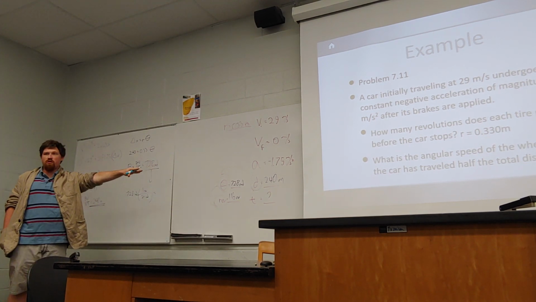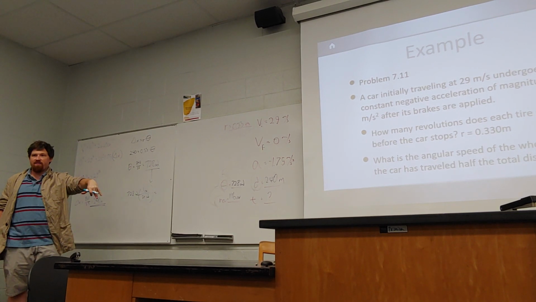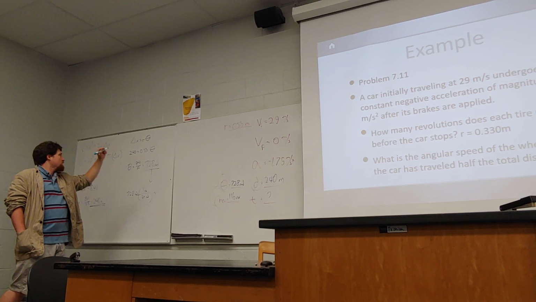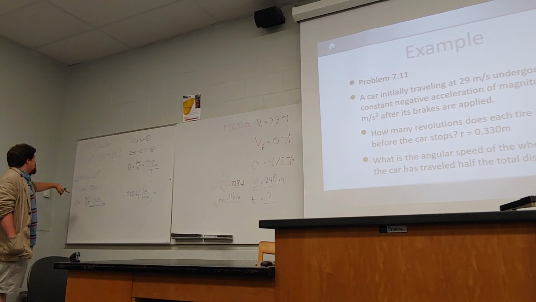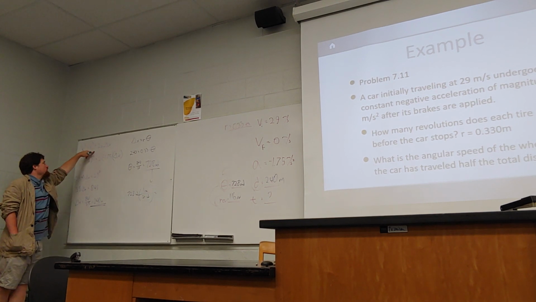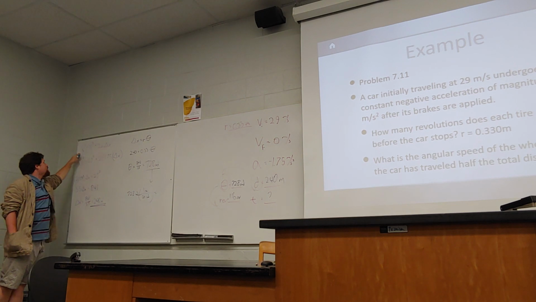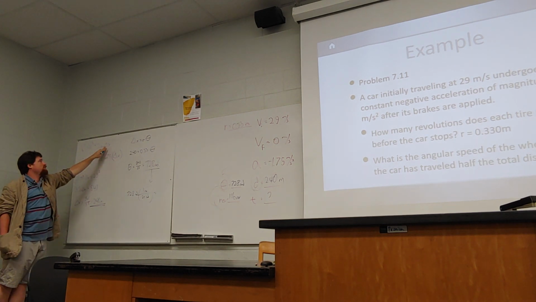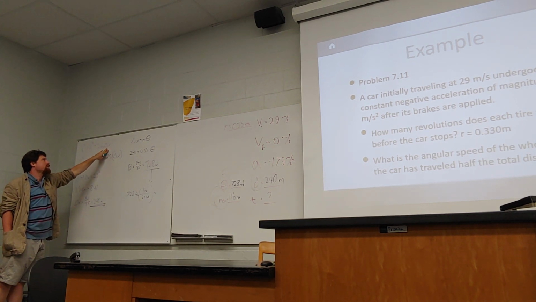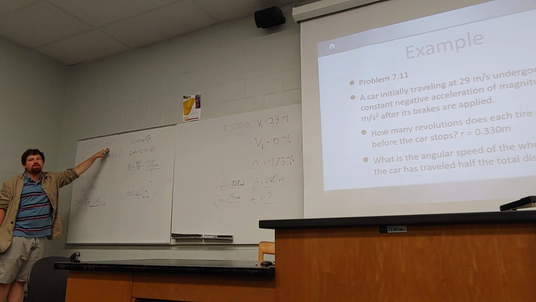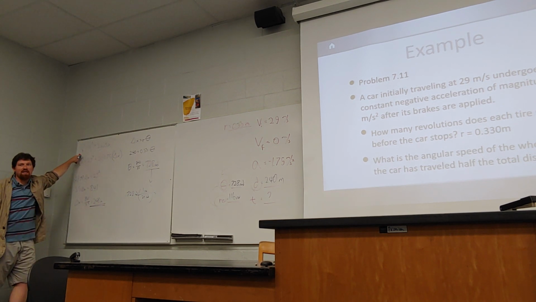We know how far forwards we move, so we know what half of that is. We can look at the exact same formula. Instead of plugging in our final velocity of 0 and solving for the total distance, we can plug in half the distance and we can solve for our velocity at that point.